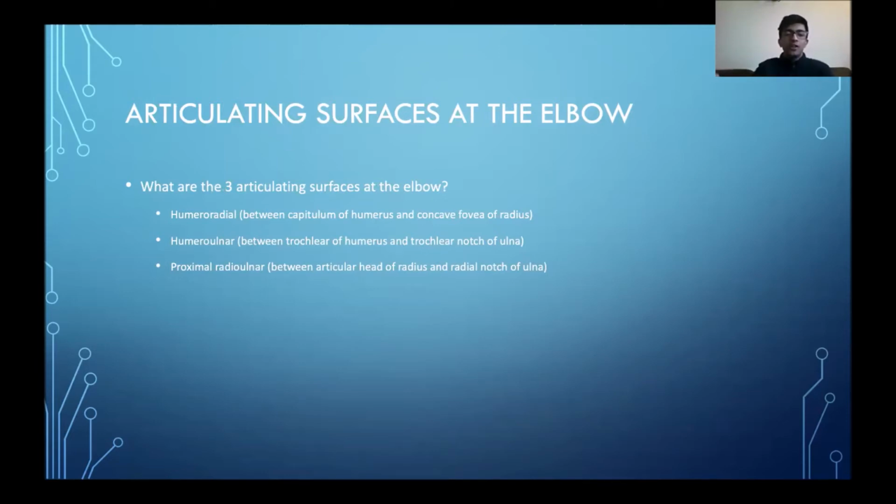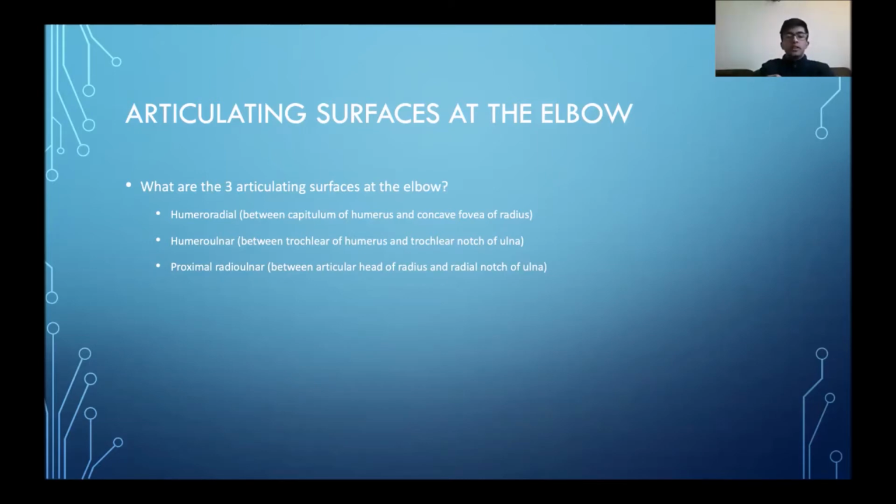We talked about the capitulum and the trochlea before, and we talked about that allowing flexion and extension. So it's just a revision of that. But the actual surface where this articulation happens is the humeroradial joint and surface, humeroulnar, and the proximal radioulnar.